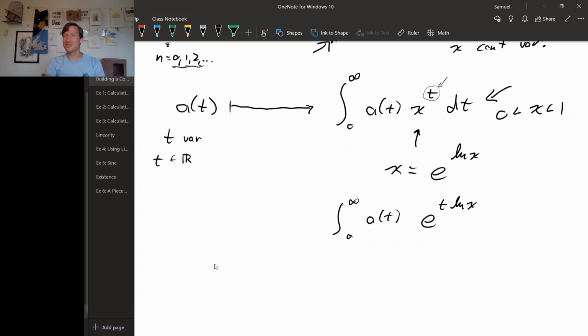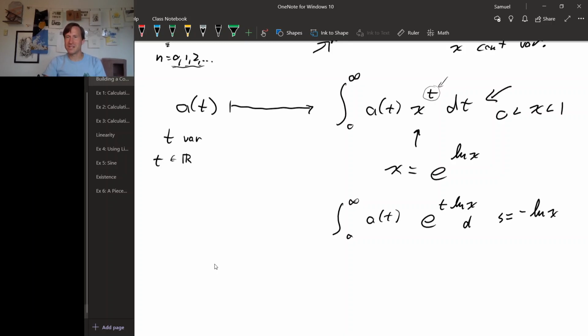So less than 1 so that it has some hope of converging, and greater than 0 so that it's defined. But if x is between 0 and 1, then the negative of the natural log of x is a number from 0 to infinity. So minus natural log x is a sensible value here. Let's call that s, just to give it a name.